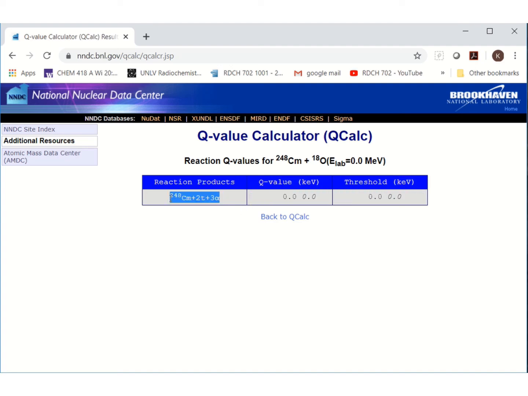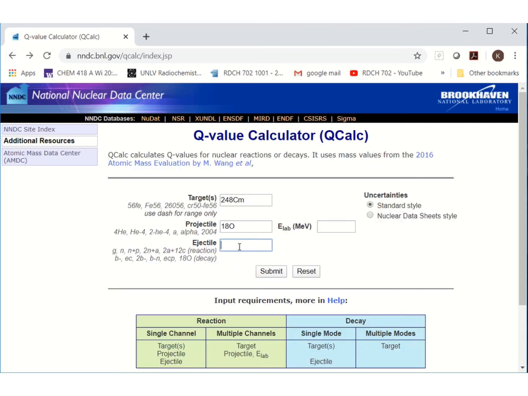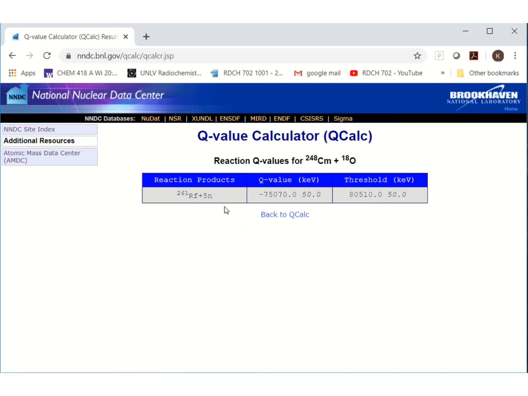But if I wanted to say an ejectile of 5 neutrons, there we go. That's how I get my rutherfordium 261. That's my Q value for that reaction, and that's my threshold energy. As we'll learn, this is the energy you really need to be concerned about. That's how much energy one needs to apply to a system in order for a reaction to occur.